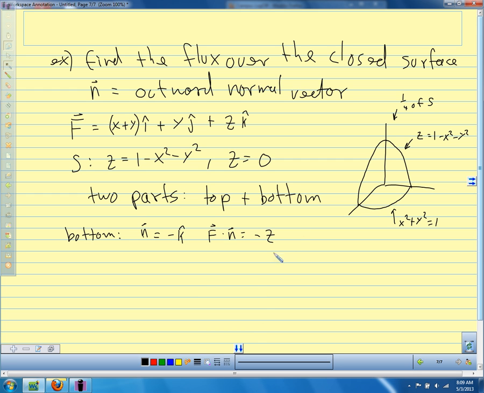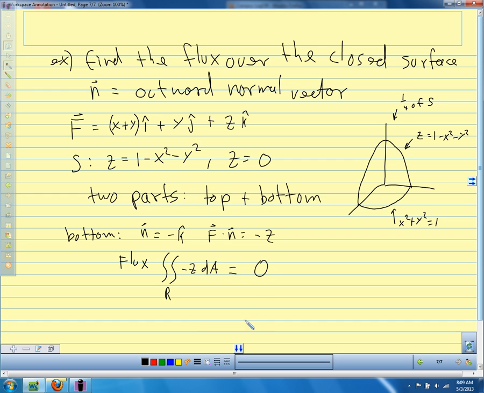So we're integrating for the flux along the bottom. We're integrating the integral over r of negative z dA. On this circle, what is z? 0. So what's this integral? 0.